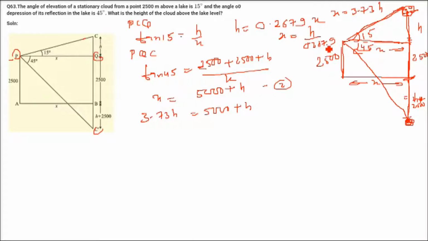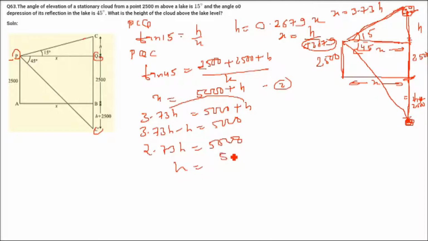I hope you got the idea. I took the inversion, that is 1 by 0.2679, which is 3.73. Now bring it here. 3.73 h minus h equals 5000, so 3.73 minus 1 gives 2.73 h equals 5000.